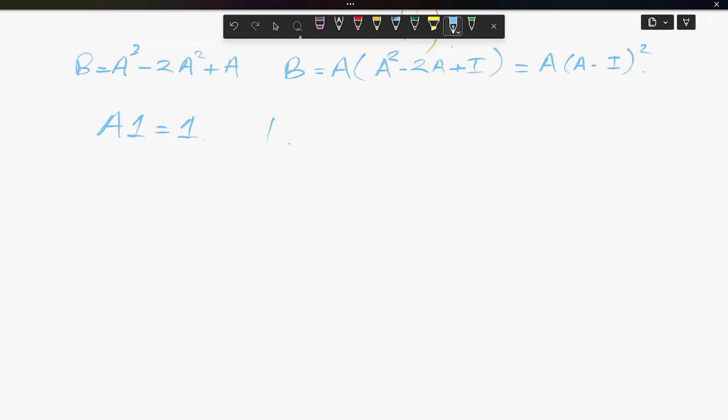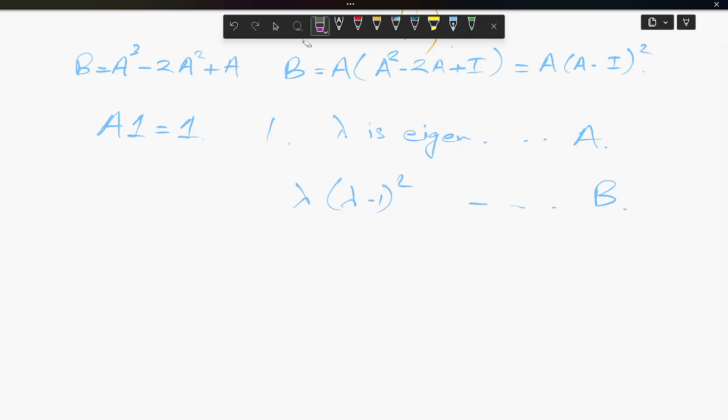If lambda is an eigenvalue of A, then the corresponding eigenvalue of B will be lambda into lambda minus 1 whole squared. This is because our B is equal to A into A minus I whole squared.